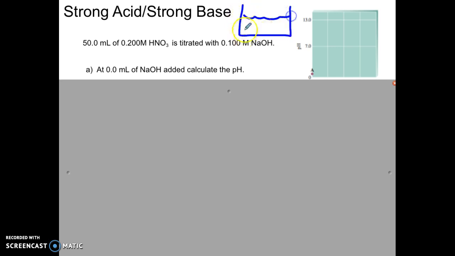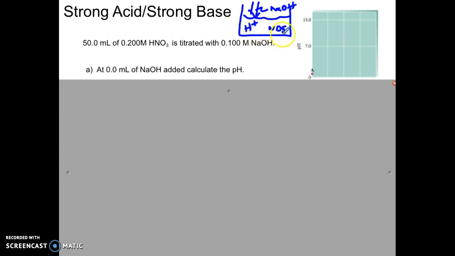So in my beaker, I have nitric acid, and that's a strong acid. It's going to completely dissociate into the hydrogen ion and the nitrate ion.